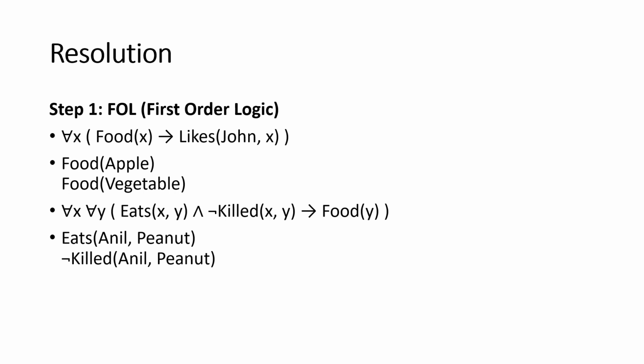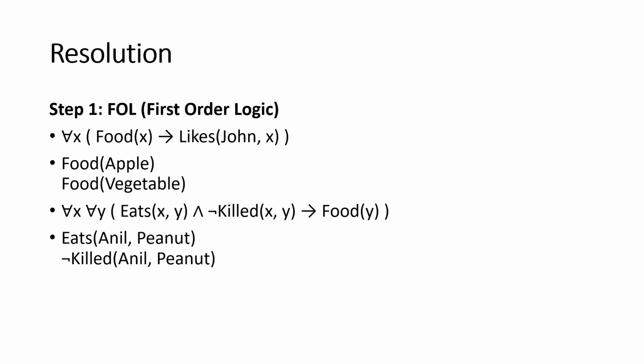That can be represented with the for all symbol, ∀x, food of x, where x is the variable, likes John comma x. So this statement, John likes all kind of food, is converted into first order logic.